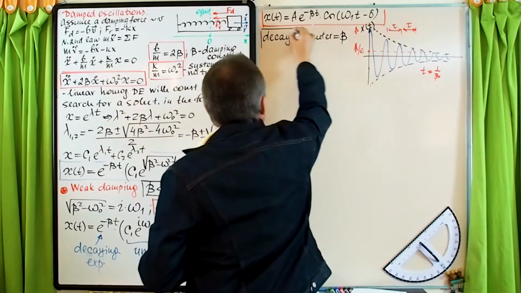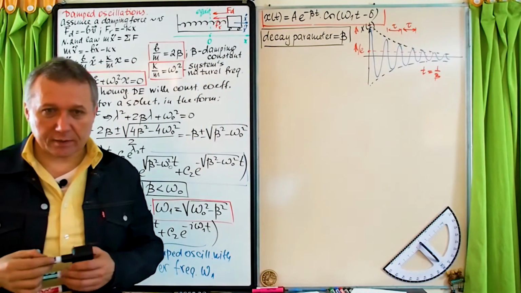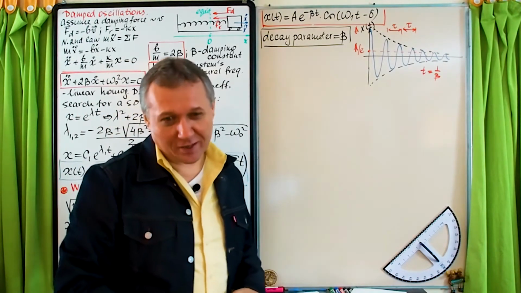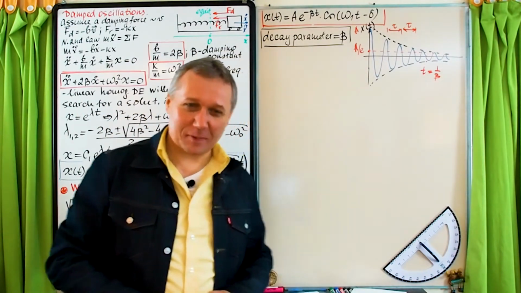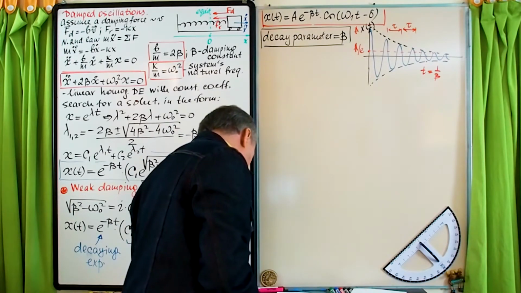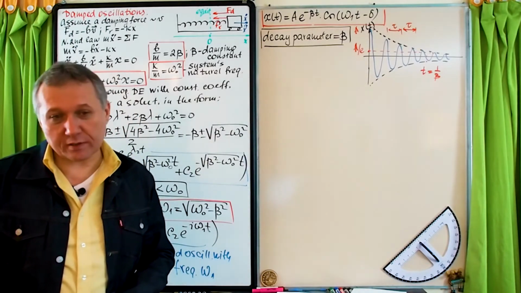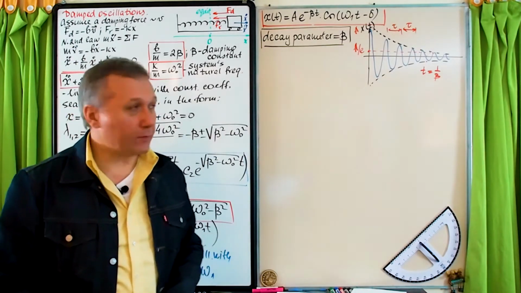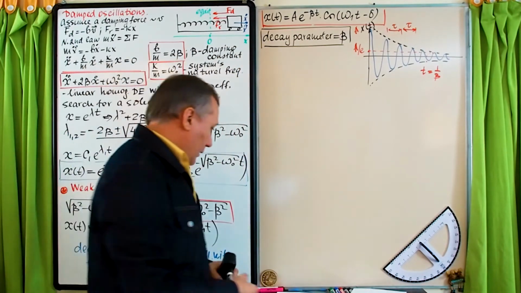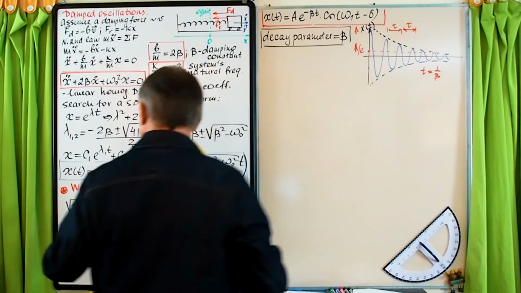I will frame it because at the end we will collect all these decay parameters to see which system dumps energy the most efficiently. Let me check what else. Yeah, that's it, it should be enough. So in this case the system is oscillating, but the amplitude is going down, and if you wait long enough, oscillations will disappear.